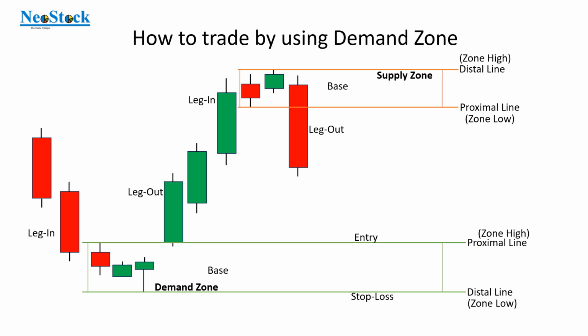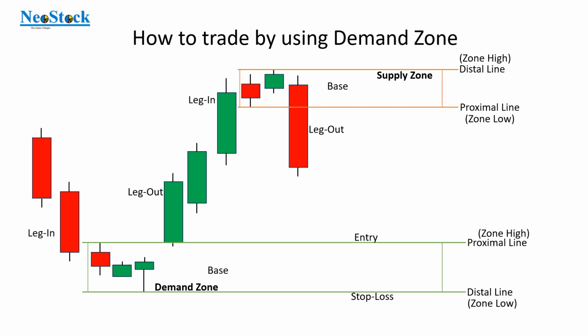So I repeat, stop loss is a price point where you want to exit out of your trade when prices are moving against our expectations. It's a very important concept. Everyone who is trading or investing in the stock market must implement the concept of stop loss.